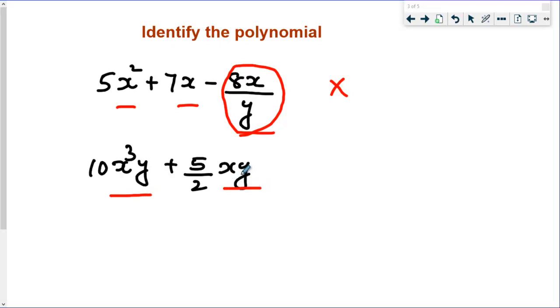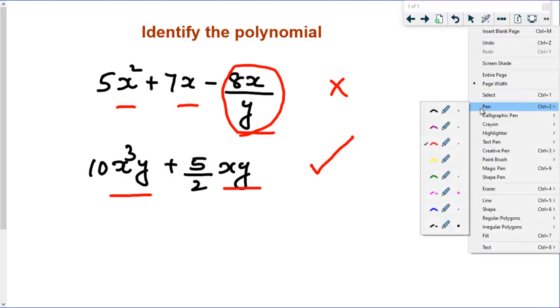The power is non-negative. The variable is not in the denominator, and it is also not a square root or a cube root. But the constant is a fraction, that is not a problem. We have to check only the variables. If the variables are normal, then we can say that the given expression is a polynomial.